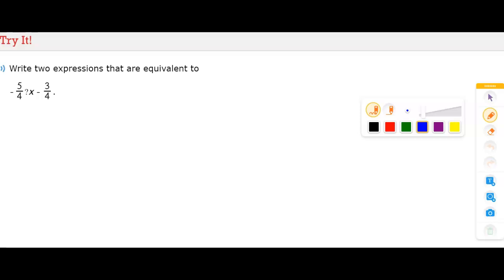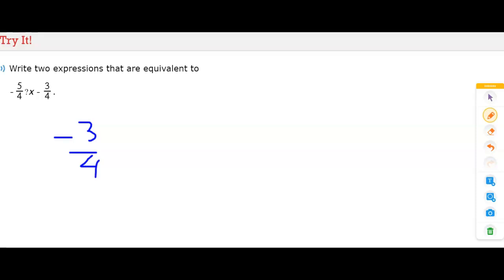The commutative property means that we just change the order of the numbers. So we can have negative 3/4 minus 5/4 times x. So that would be one equivalent expression.